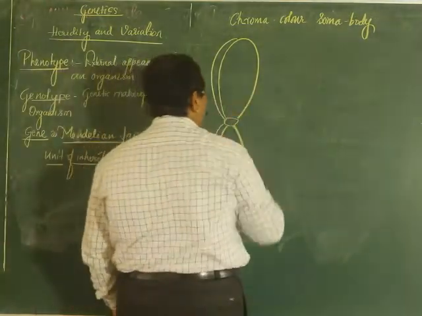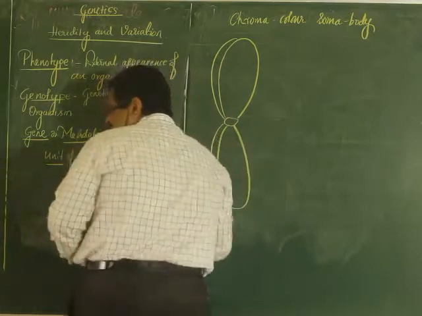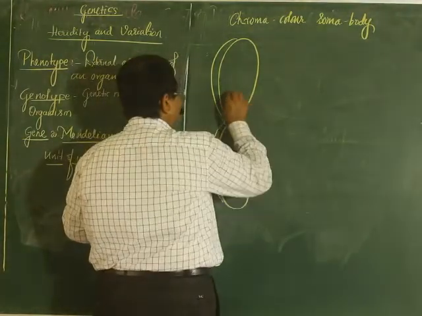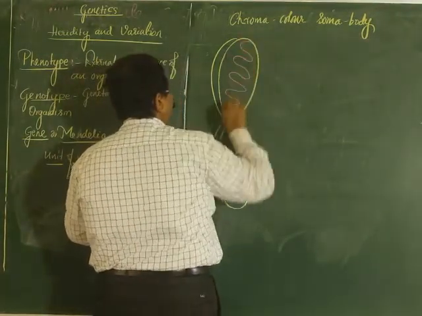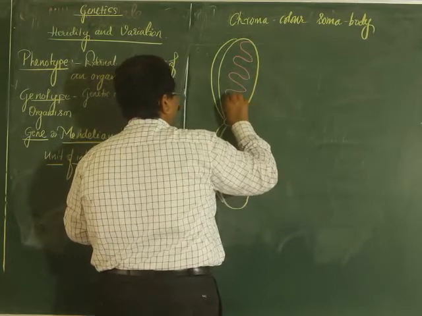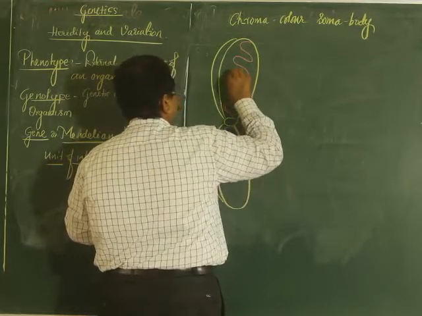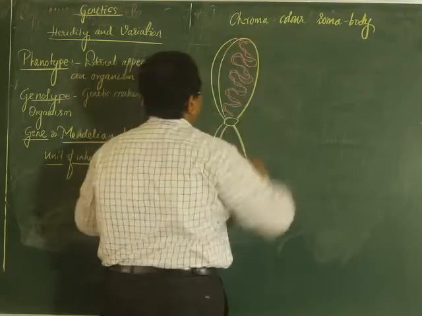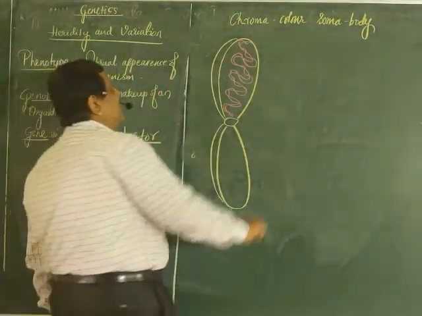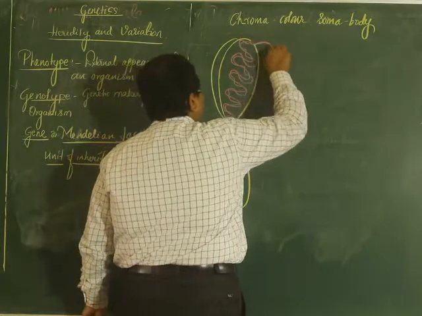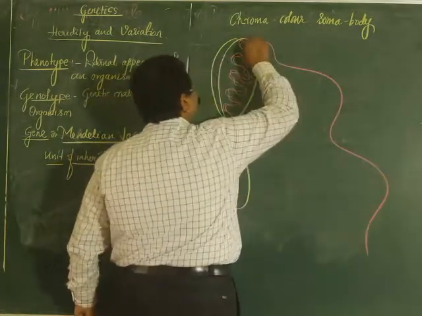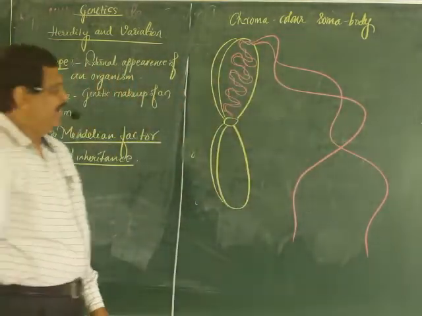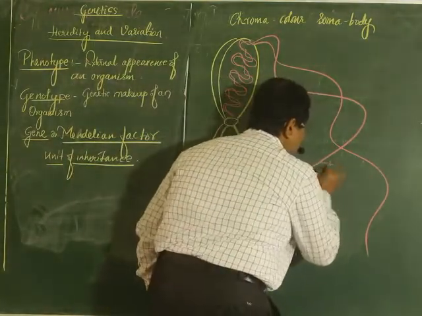Inside this chromosome, in the chromatid arms, we observe the genetic material. The genetic material will be like this. This is our DNA. In this particular DNA, we observe the nitrogen bases.